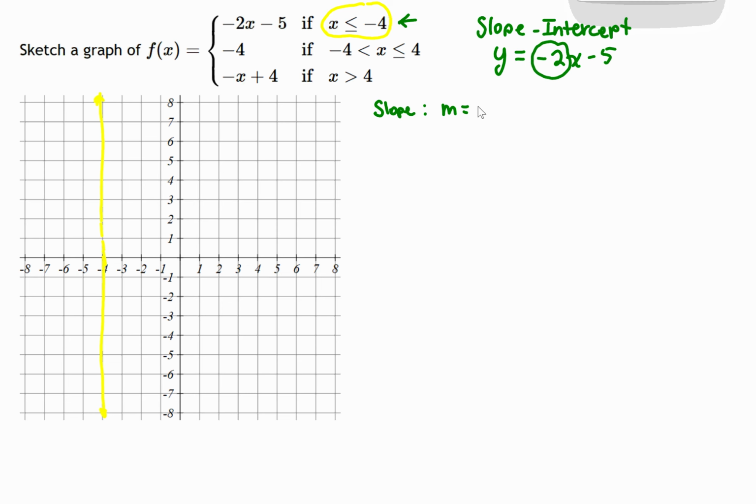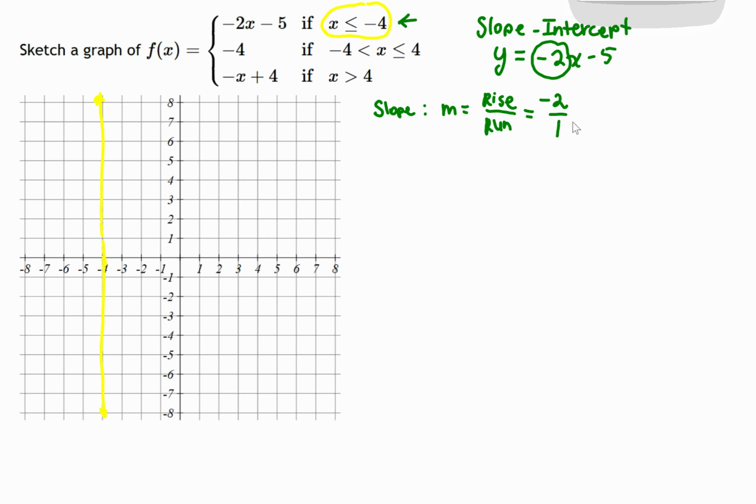We also refer to this as rise over run, or the change in y over the change in x. So if I write negative 2 as a fraction by putting it over 1, then I could view this as a rise of negative 2, meaning go down 2 and over 1.